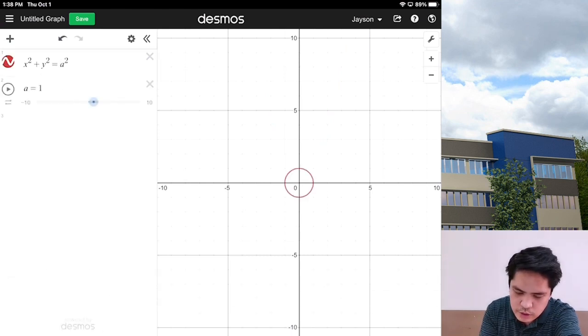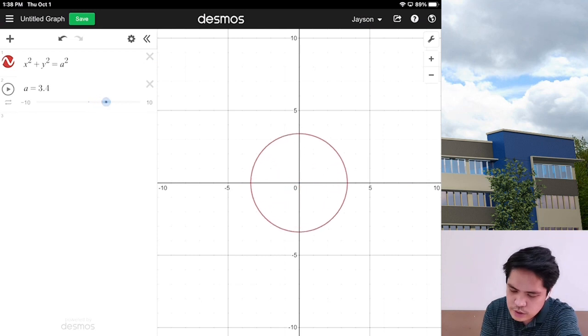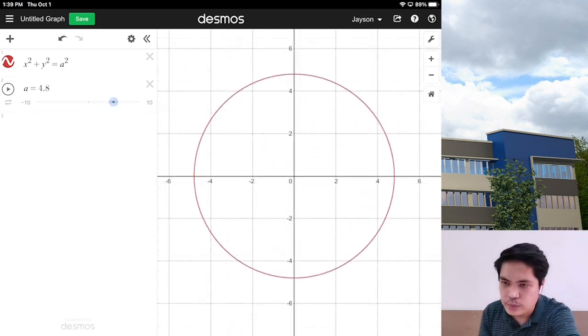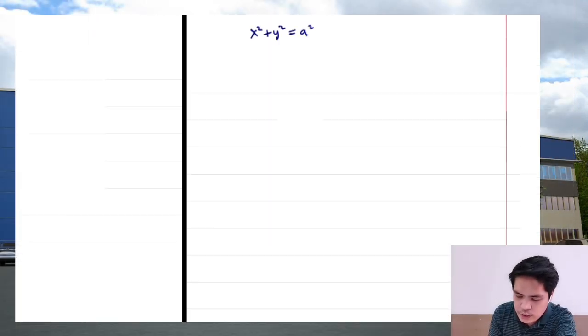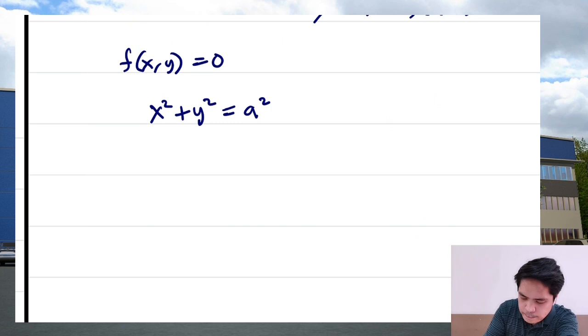Let's add a slider for a and give certain values for a. That is the graph of that implicit function. But if we define one variable as a function of the other variable, then we'll have this. If we define y as a function of x, then we'll have y squared equal to a squared minus x squared.